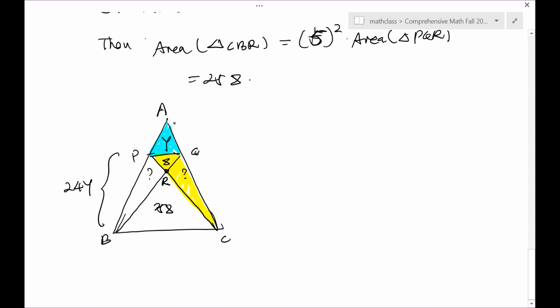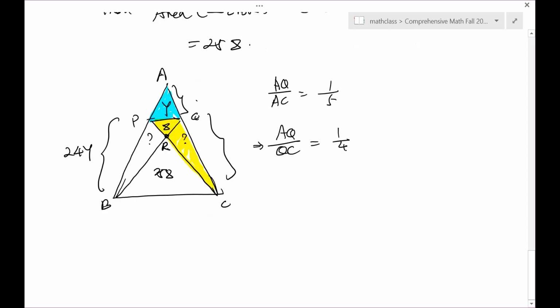These two triangles have the same height, so the ratio of these two sides is 1:4. Remember, we said AQ to AC is going to be 1/5, so AQ to QC is going to be 1/4. That's what we need to compare the area of two triangles.